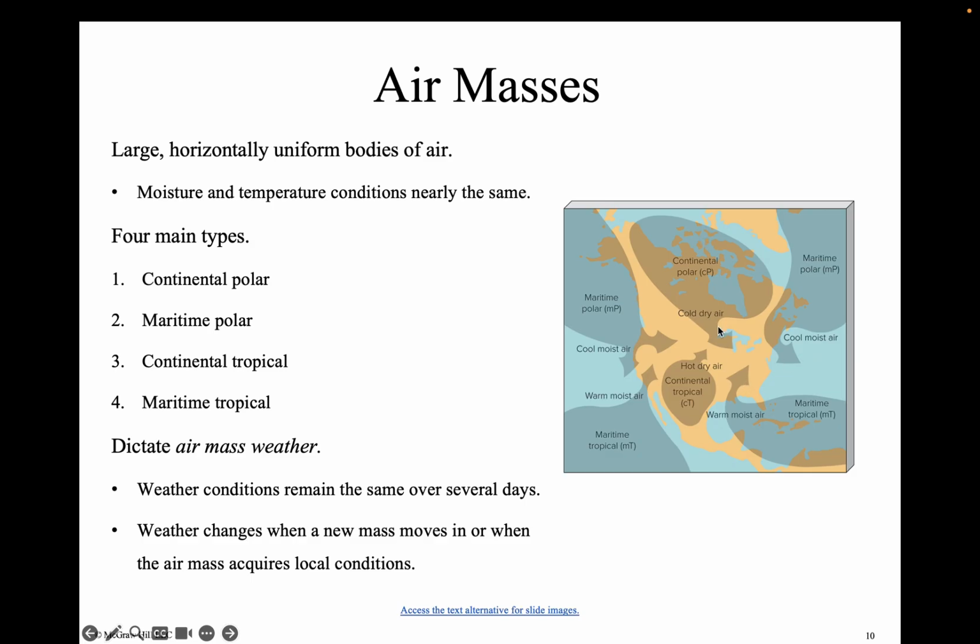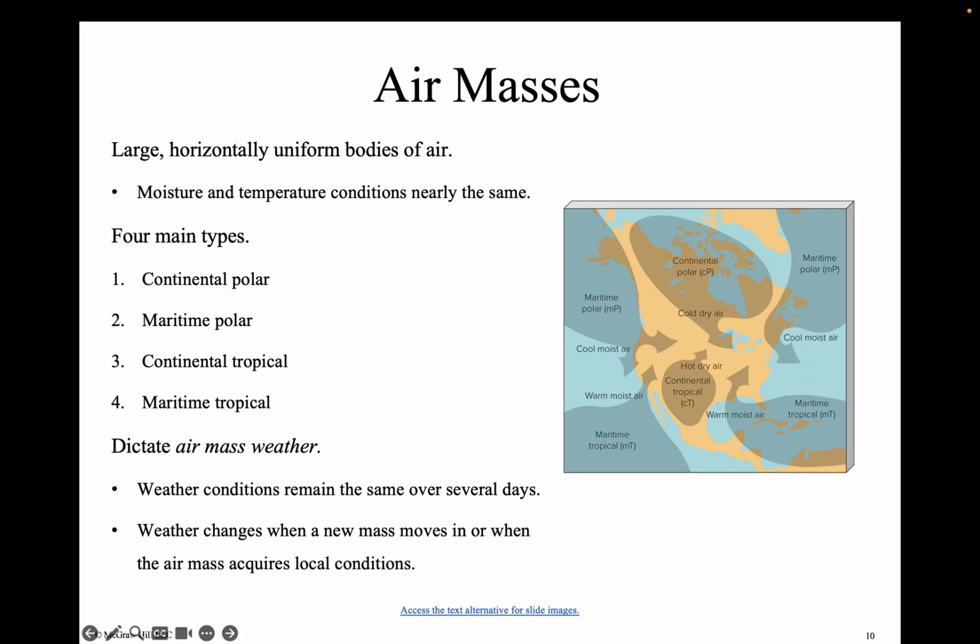What happens when they find each other is that the continental polar forces the maritime tropical upward very quickly, and because this is a cold front, the result will be thunderstorms and even tornadoes along the cold front.